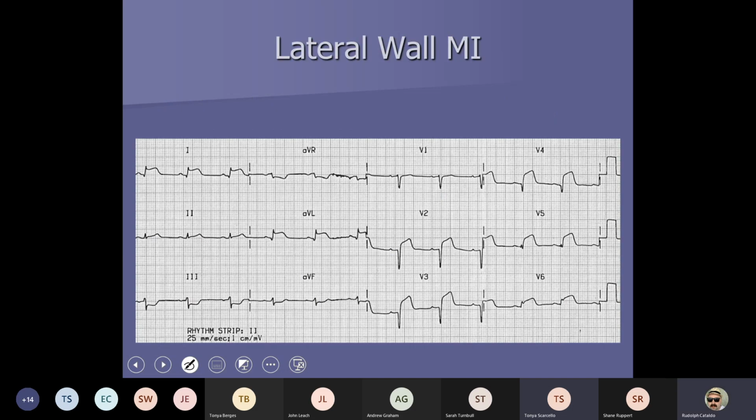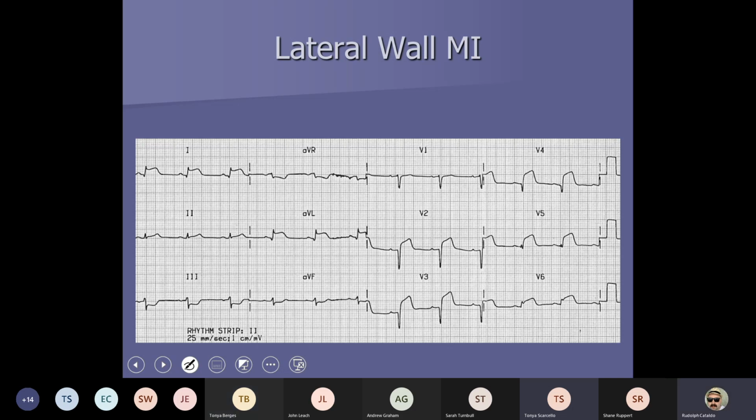Okay, let's take a look at this 12 lead. Again, let's start in lead 1 and work our way down. Call something out if you see it in a specific lead. I see elevation in 1, AVL, and V6.